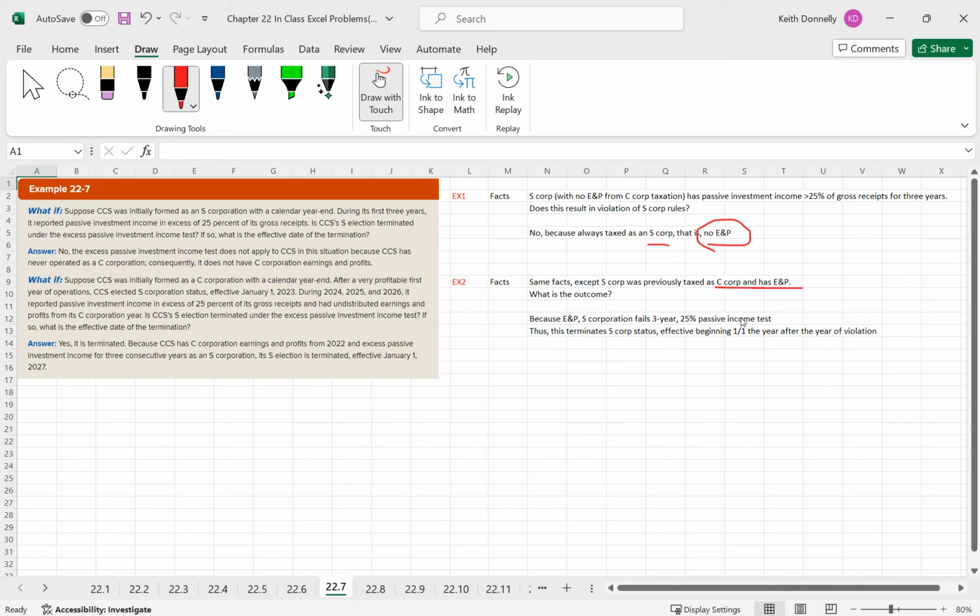We have some throwback. We used to be taxed as a C Corp. If you have too much passive investment income, year 1, year 2, year 3, then effective as of 1/1 of year 4, the first day after that third year, our S Corp status is involuntarily terminated.